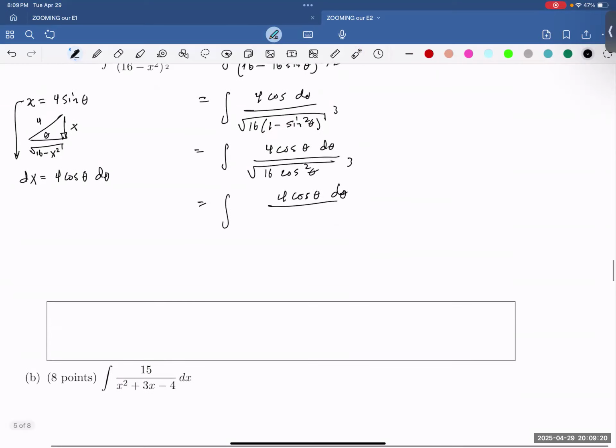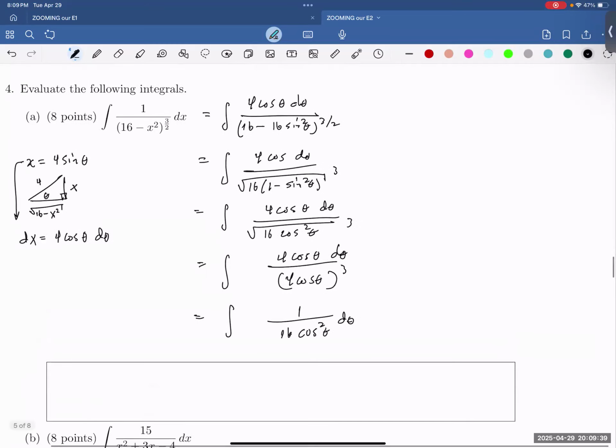Our denominator, the root part, turns into 4 cosine theta cubed. So we have 4 cosine thetas in the numerator and 4 cosine cubed in the denominator. So we have 2 of them left in the denominator. It's 16 cosine squared theta d theta.